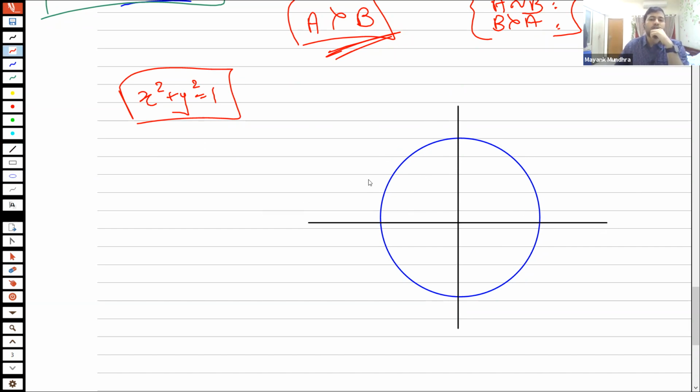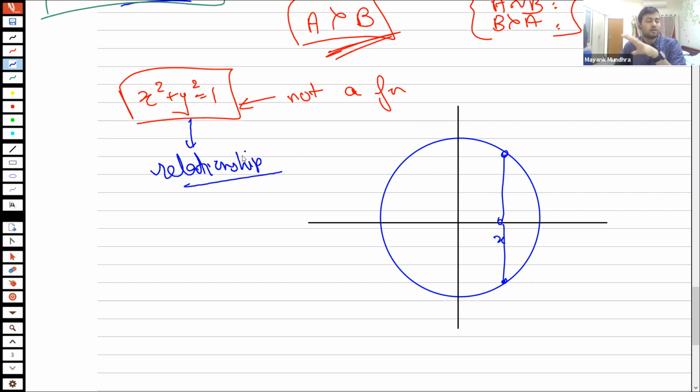So this thing is not a function, because for any value of x, I am getting two different values of y. But you can classify it as a relationship.